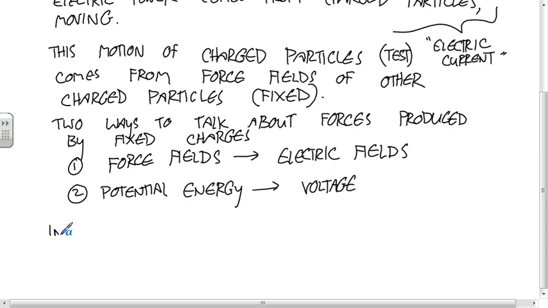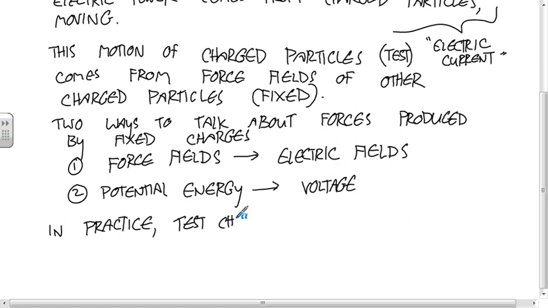In practice, this doesn't have to be the case. You could make electric current by having the motion of one-half Coulomb charges, big balls of charge, and if they're moving, that would be electric current. But in practice, it's always the same type of test charge that moves to cause electricity.